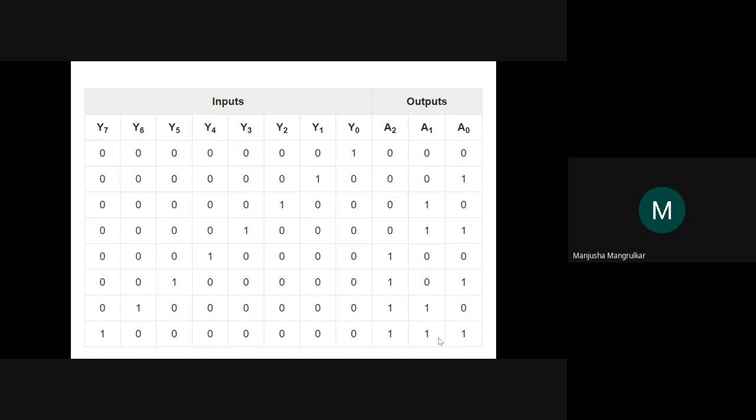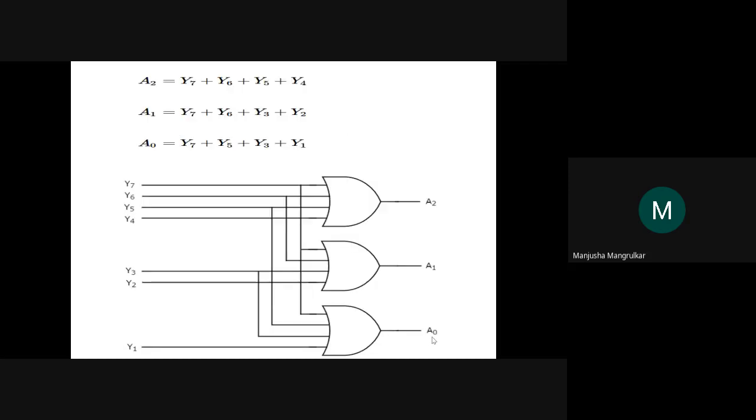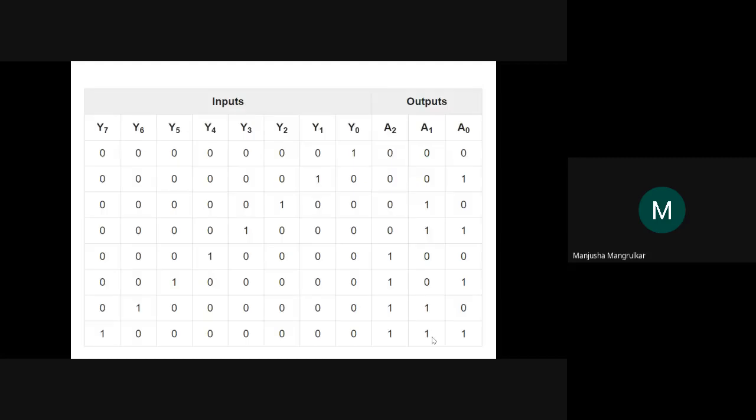If we put this into the K-map, what will we get? A2, we'll see that. Now see, all are 0. Now this is my 1. What will we get? Y4 plus, this is 1, Y5 plus, this is 1, Y6 plus, this is 1, Y7.